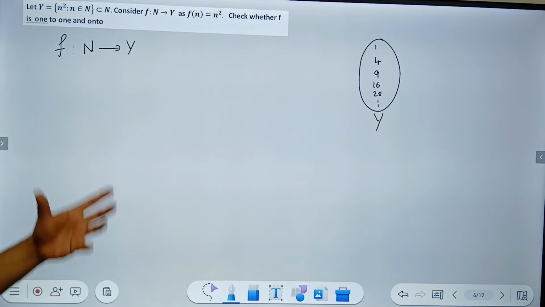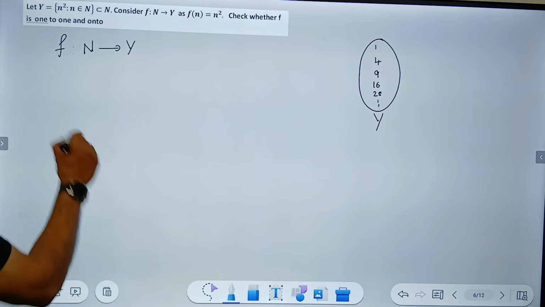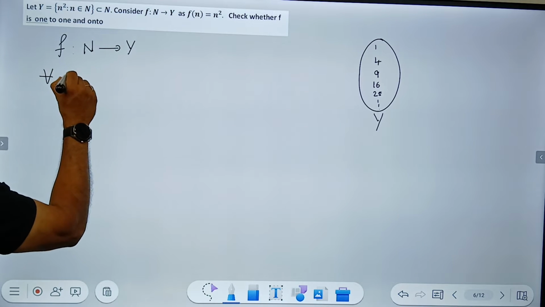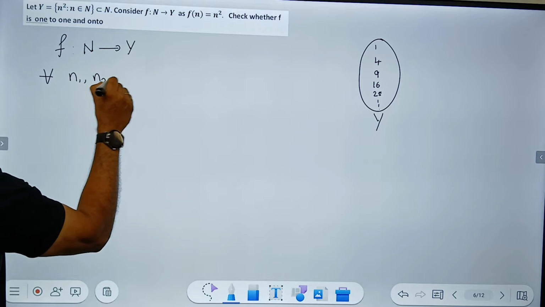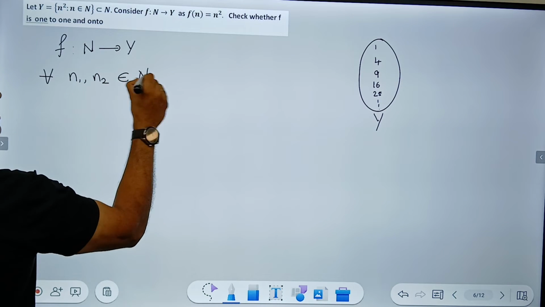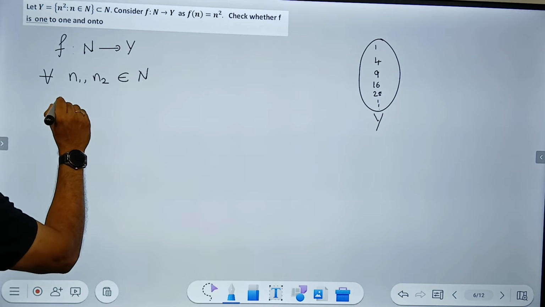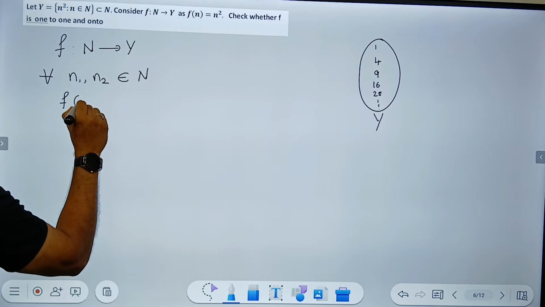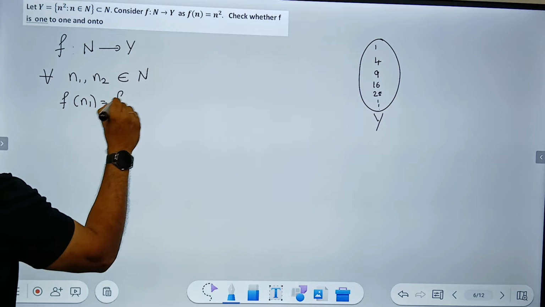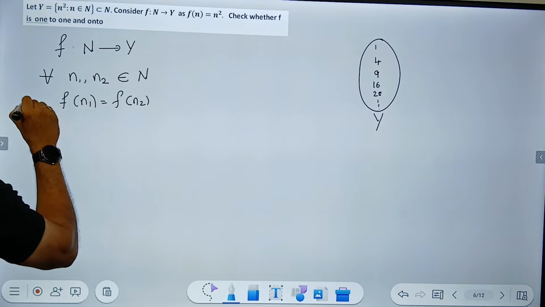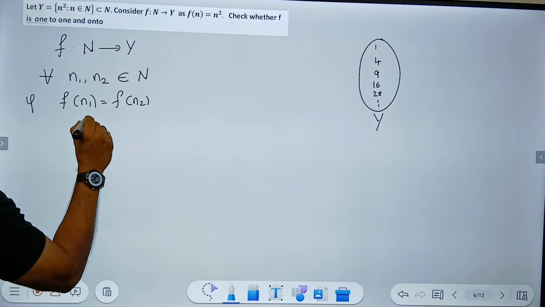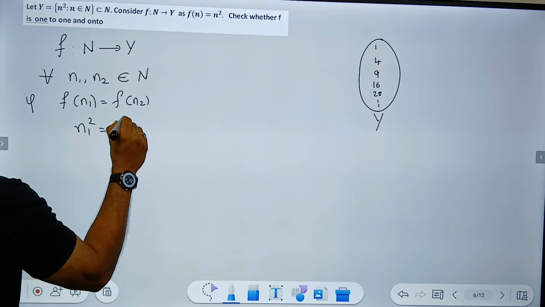Now I have to check whether it is 1 to 1 or not. Now for every n1 comma n2 belongs to natural numbers, f of n1 equal to f of n2. If it is equal, clearly n1 square equal to n2 square.